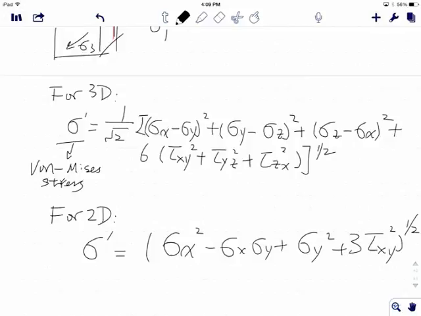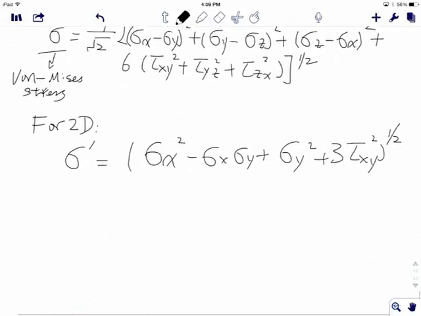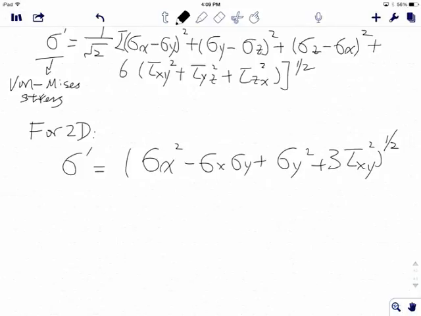All right. Yep. So that's what we're considering here. That's all the things about distortional energy. Let's do one more thing. We still have 10 minutes, right?